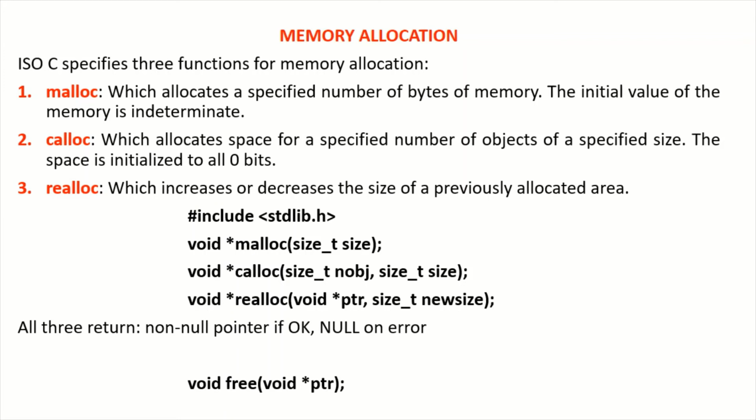It is important to realize that most implementations allocate a little more space than requested and use the additional space for record keeping: the size of the allocated block, a pointer to the next allocated block, and the like. This means that writing past the end of an allocated area could overwrite this record keeping information in a later block.